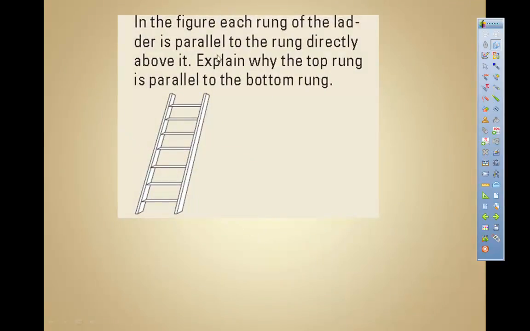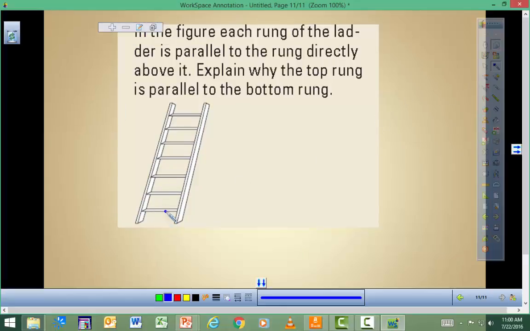So in the figure, each rung of a ladder is parallel to the rung directly above it. So this one is parallel to that one, and that one's parallel to that one, and this one's parallel to that one. So what can we say about the top rung? Well, we can say the top rung is parallel to this one also, by the transitivity property that we just looked at on the previous slide.